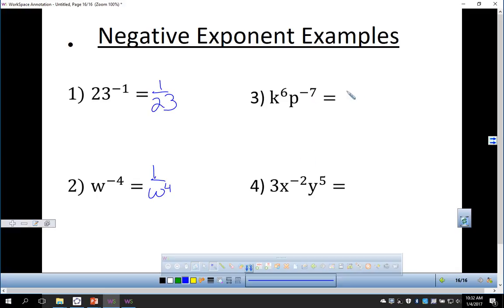Who can tell me what this is? Valuable bonus point. Come on, you can do it. Who could write this without any negative exponents? Kate, how do I make this negative 7 positive?